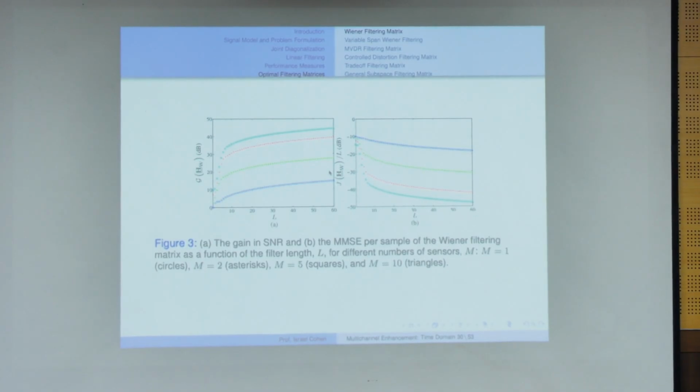Remember that we estimate a block of L samples, so the MSE that we wrote before is the total MSE over all the L samples. If we want the average MSE per sample, we need to divide it by L. So we see that the average MSE for each sample reduces when we increase L or when we increase the number of sensors. This is beautiful.